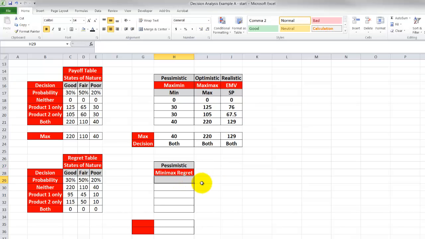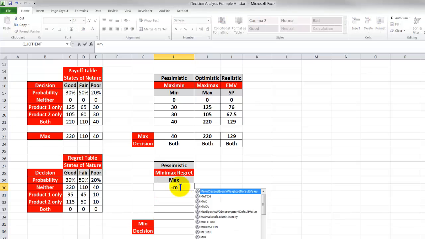Okay, so what do we need there? We need to find the maximum. So again, you can read these titles backwards. The first thing we needed was to calculate the regret table. We've done that here. The next thing we need to do is to find the max, and then finally the min. So we can go ahead and type min down here and the decision outcome here.